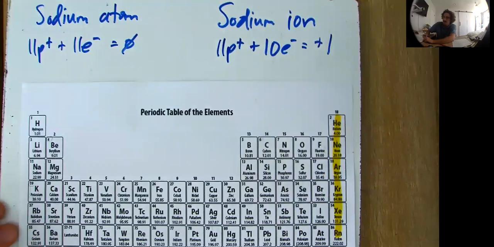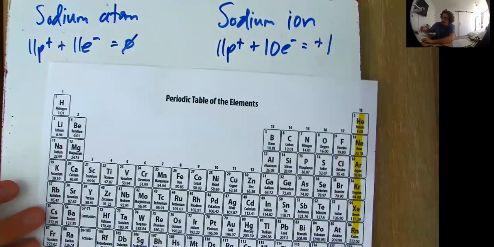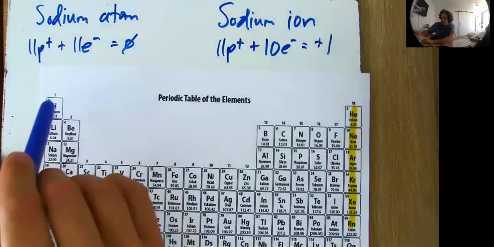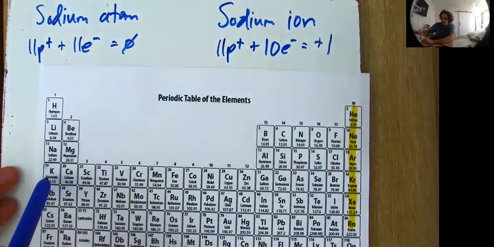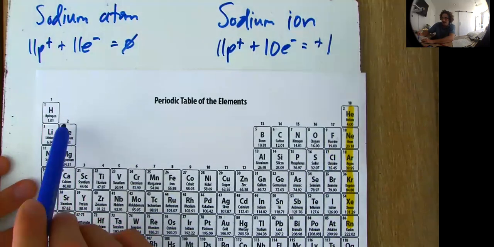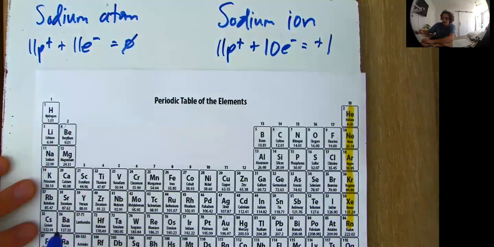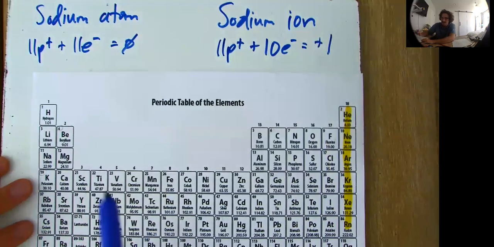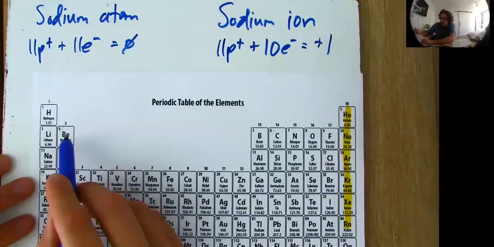Okay, if you're getting the pattern, then you'll start to understand that every element in this first column right here has a +1 charge. And guess what? Every element in this second column has a +2 charge. So let's take beryllium for example.